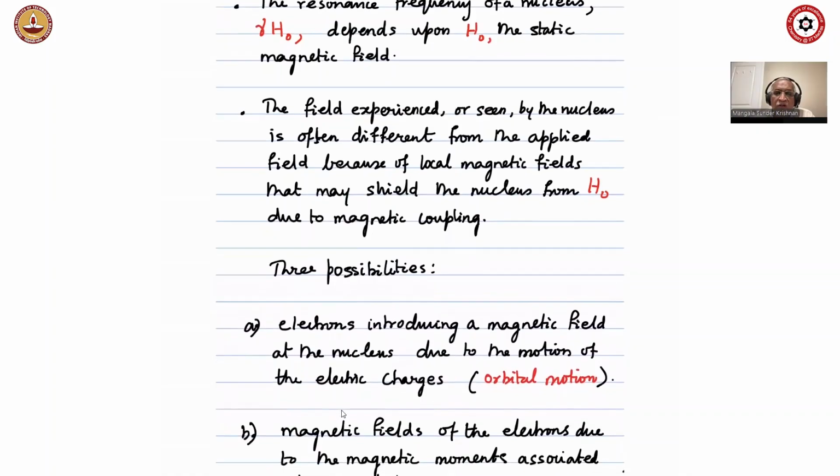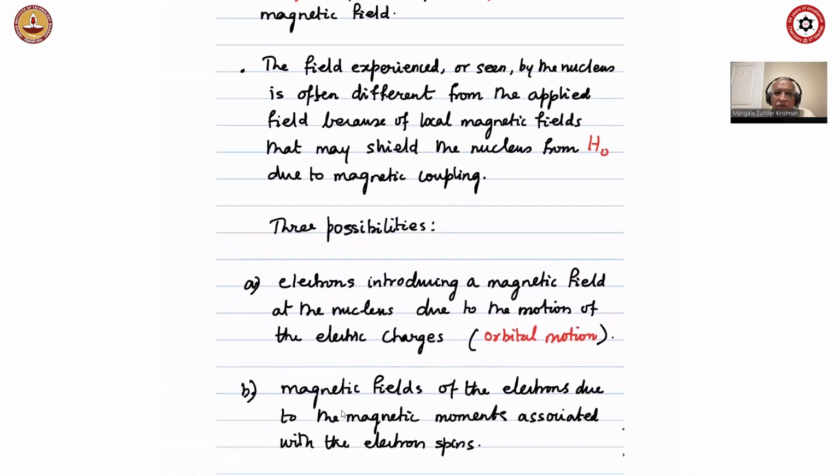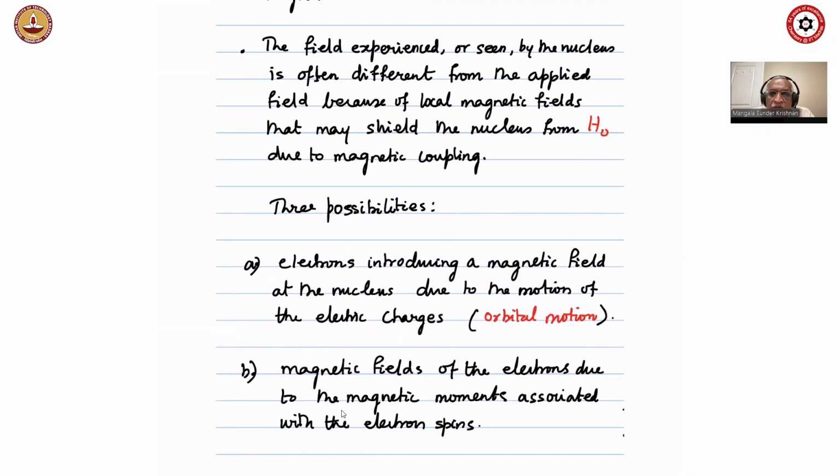So there are multiple possibilities by which this happens. One is that the electrons introduce a magnetic field at the nucleus due to the motion of the electric charges, that is the electronic charges, the orbital motion. Orbital motion brings in a magnetic field at the nucleus which is against the external field, which shields the nucleus from the external field.